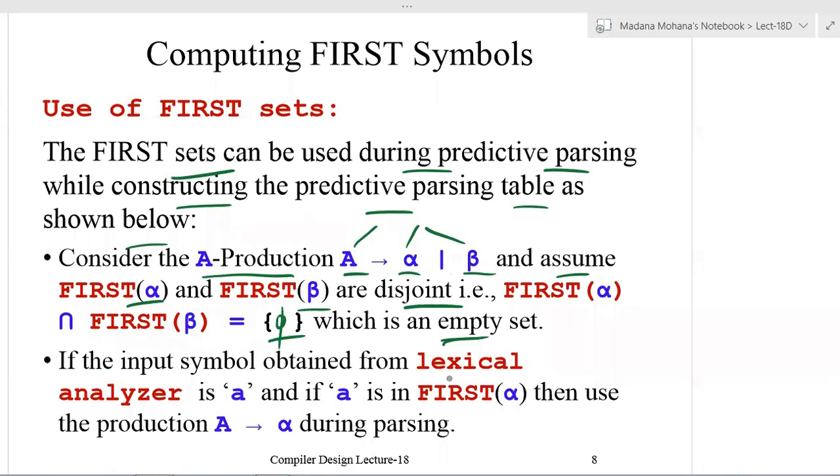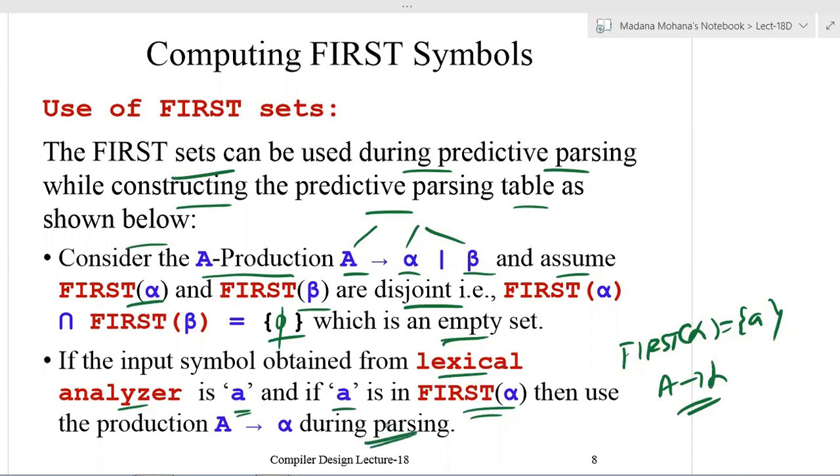Now if the input symbol obtained from the lexical analyzer is small a, and a is in first of alpha, that means first of alpha contains the terminal a, then you can use the production A derives alpha during parsing.